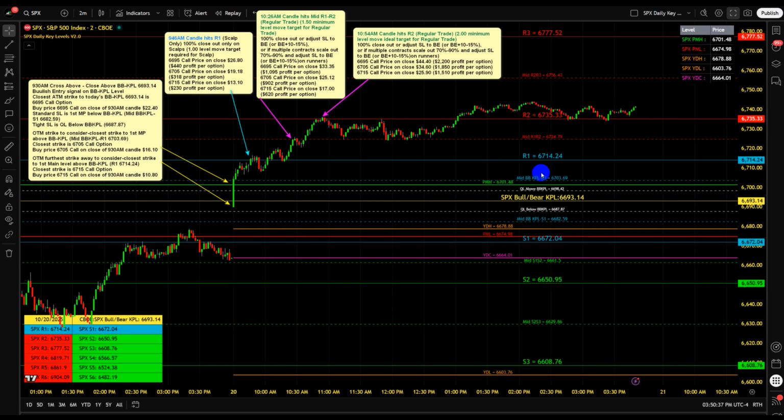So for example, the main R levels above are going to be your take profit levels for bullish trades that are derived and triggered off bullish signals from the bull bear KPL level, and your S1 and below levels are going to be take profit levels for bearish entry signals derived and triggered from the bull bear KPL level. You can also take bullish and bearish trades off of the R levels and S levels, so it's not just confined to taking trades off the bull bear KPL level.